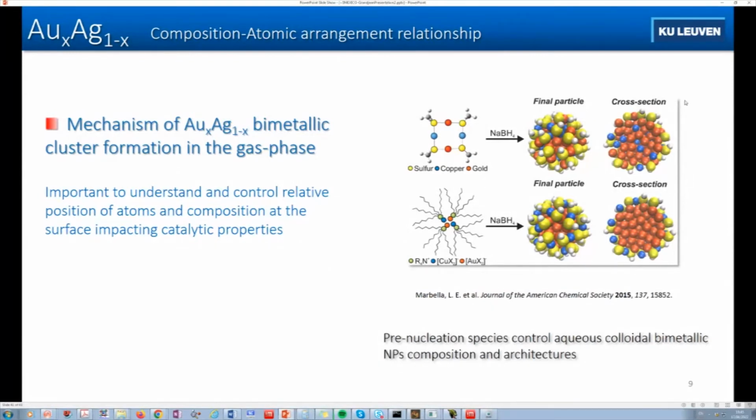Here you see a paper I found, made in colloids, where they try 2 different pre-nucleation species with different geometry, and then they check the final particle, and you see the 2 distributions are very different. So it gives the impression, of course, that the original species during the nucleation are already giving some orientation about how the particle could evolve to which structure: core shell, alloy, or separated phases.